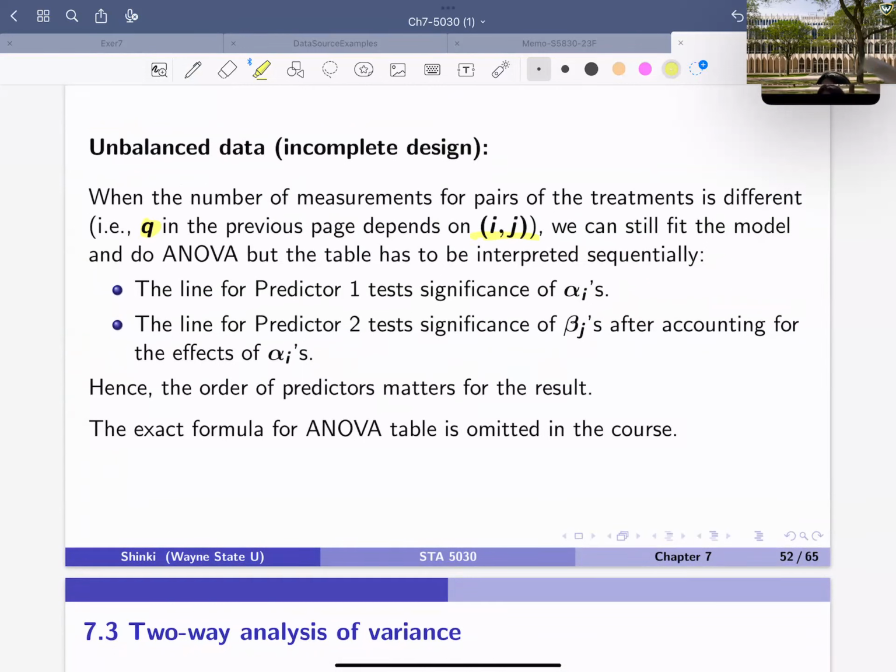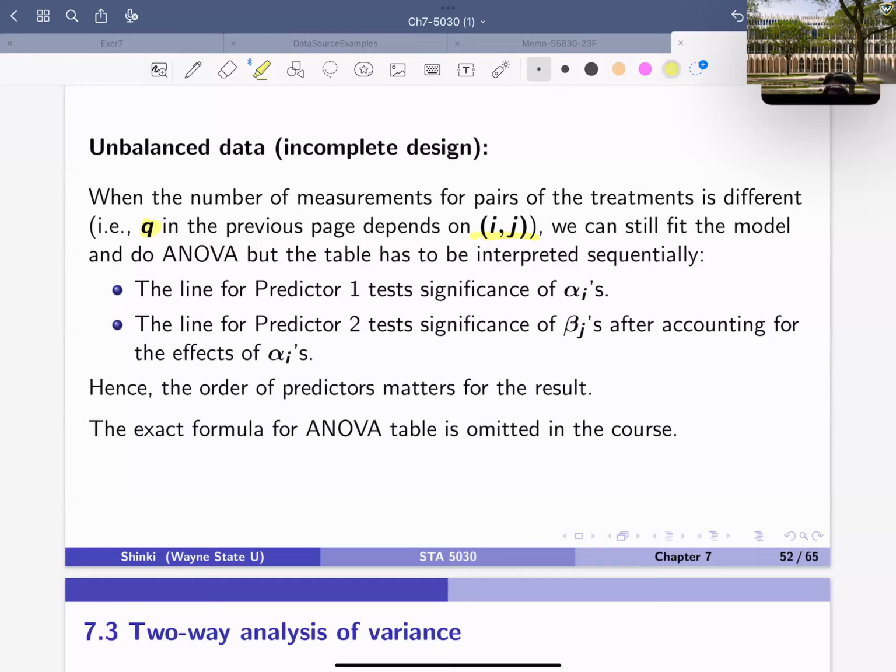In this case, we can still fit the model and do ANOVA, but the table has to be interpreted sequentially. So in the ANOVA table, we can generally exchange the order of two factors, but in the unbalanced case, so if Q is different depending on the pair of IJ, we have to have a specific order.